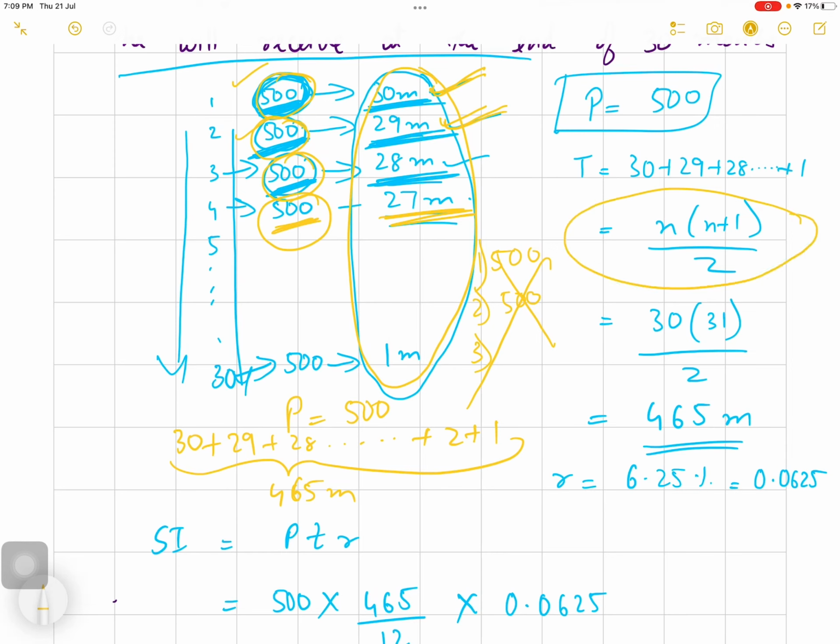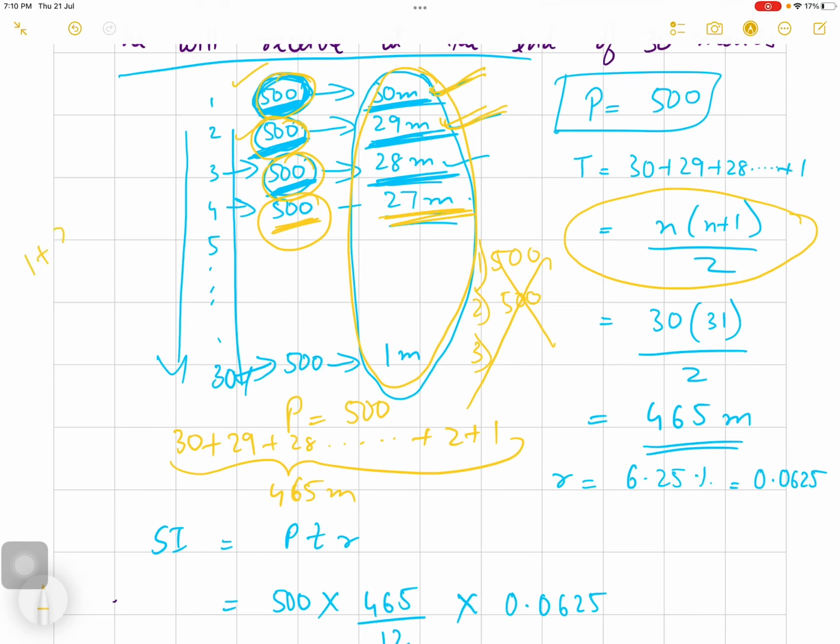The sum of first natural numbers. So 1, 2, 3, 4, 5, 6, 7, 8, 9, 10 are the natural numbers. If you want to add the sum of the first n natural numbers, what do you do? n into n plus 1 divided by 2.